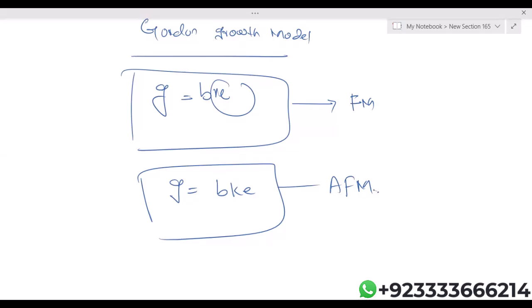The good thing in CAPM is that it has a measure of systematic risk. DVM does not have a measure of systematic risk, because in CAPM, by looking at equity beta, you can tell how risky the investment is. We do not have such things in DVM.